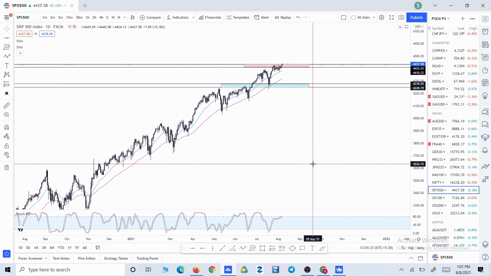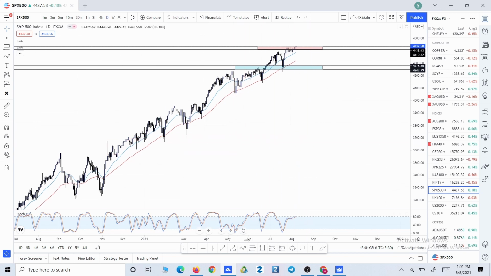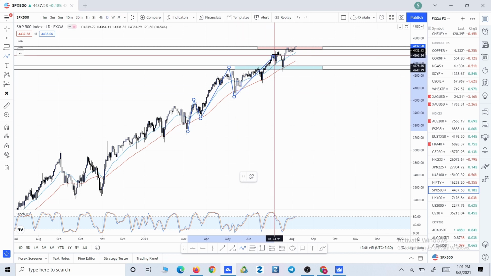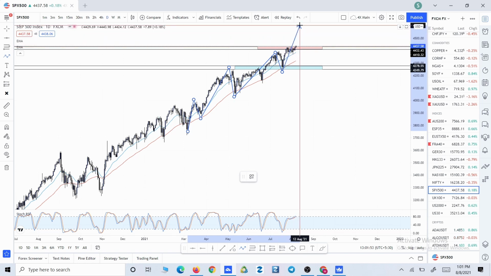Next, we are going to talk about S&P 500. S&P 500, as we can see, price is consistently making higher highs and higher lows. Starting from here, we have the high, low, high, higher low, higher high, higher low, and now price already broke and closed above the previous high. So we are going to wait for the price to break higher from this zone and then give us a retracement back into the recent broken zone to go long.